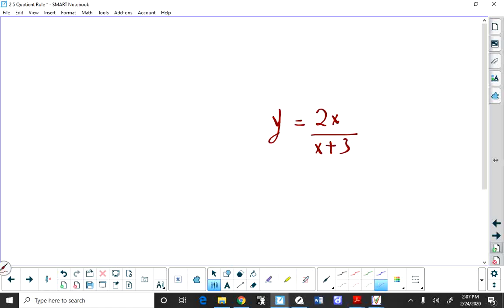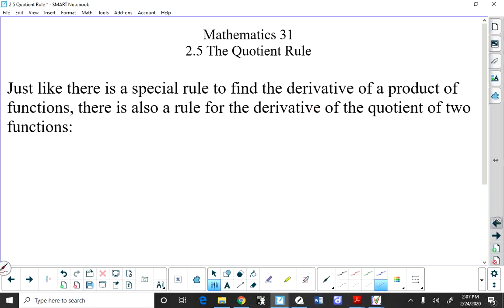If you said, I'm just going to differentiate the top and differentiate the bottom, that's how I got 2 over 1. Well, 2 over 1 is 2. What you're telling me is that the slope of every tangent to this function is 2, which means you're telling me it's a straight line, and this is not a straight line. It's a hyperbola. It's got curves to it. So you are not allowed to just differentiate the top and the bottom.